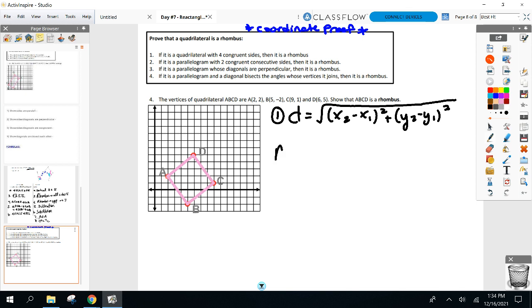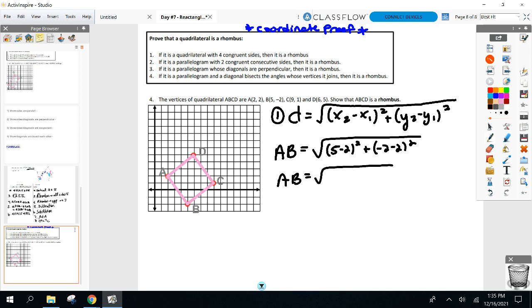AB, you got it, Brendan. AB, here we go. AB is equal to, let's plug it in. X coordinates, 5 minus 2, all squared, plus negative 2 minus 2, all squared. Now that you've shown me that, you can go ahead and just do 5 minus 2 and then square it in your head.